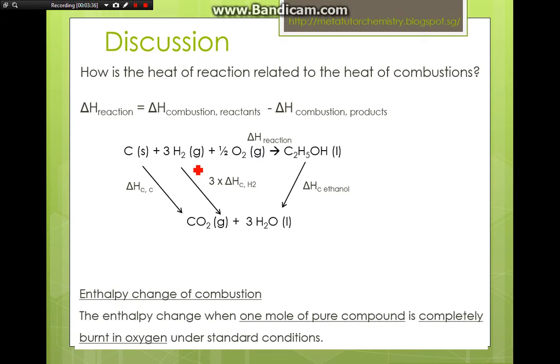The convenient way to do it is we compare the clockwise direction and equate it to the anti-clockwise direction. So we start off with this corner, and if we follow the flow, the heat of reaction and the combustion of ethanol flows in the clockwise direction.